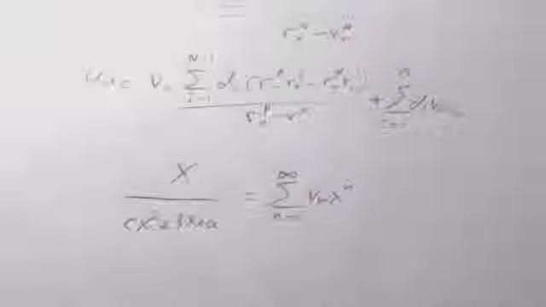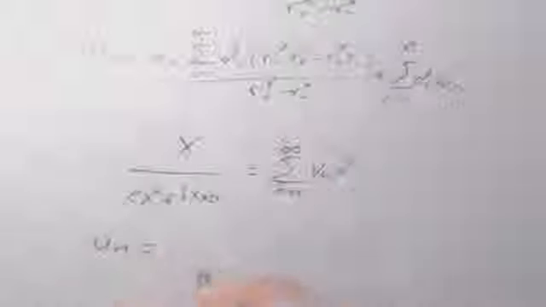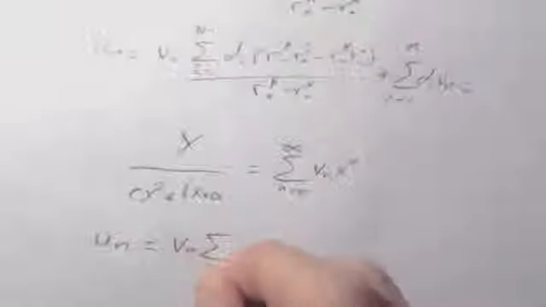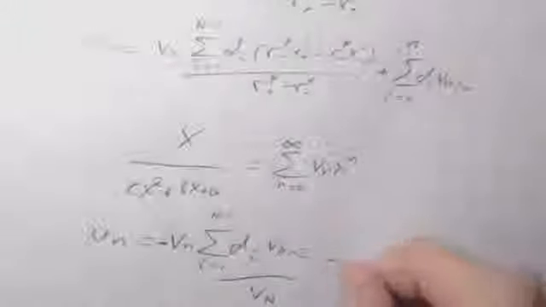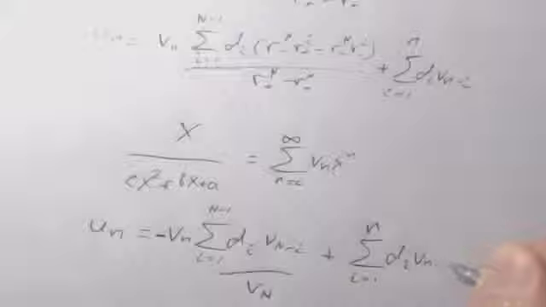So let's plug it back in to un. So we have that un is equal to this thing, so un equals sum over I equals 1 to n minus 1 of di, and this whole term here is V n minus I over Vn, and we needed a minus, so it becomes minus, and then we can add on the last little bit here, sum from I equal 1 to n of di Vn minus I. So this is looking much nicer now.